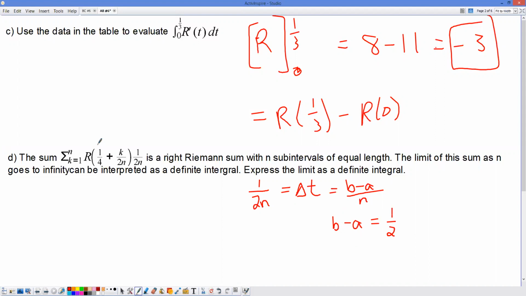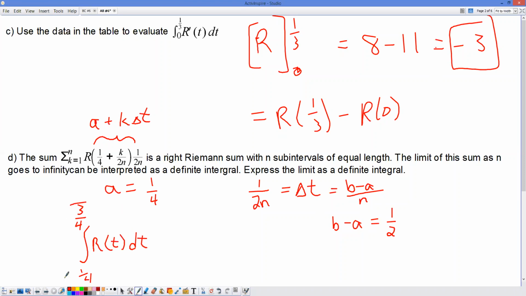And then from what's inside our function here, r of 1/4 plus k over 2n, that's always equal to a plus k times delta t. And so our a value, our starting value, should be 1/4. So if our starting value is 1/4 and the length of the interval is 1/2, we should go from 1/4 to 3/4, and this is an integral of r of t dt. Any questions on that one?